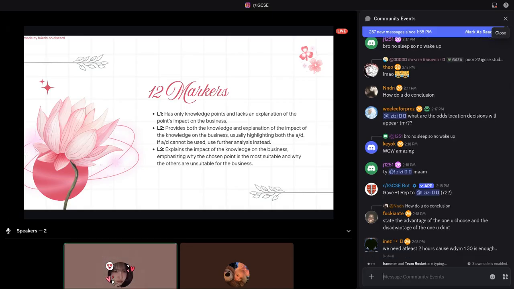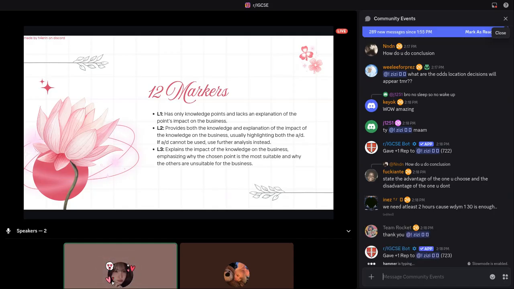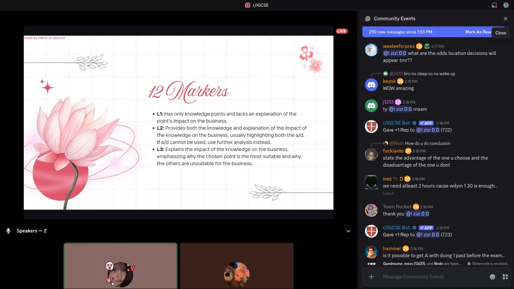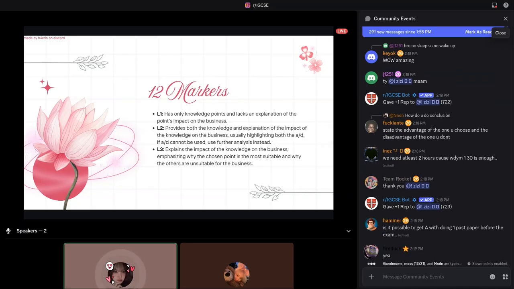What's the difference between cash flow forecast, income statement, and statement of financial position? That's such a good question.